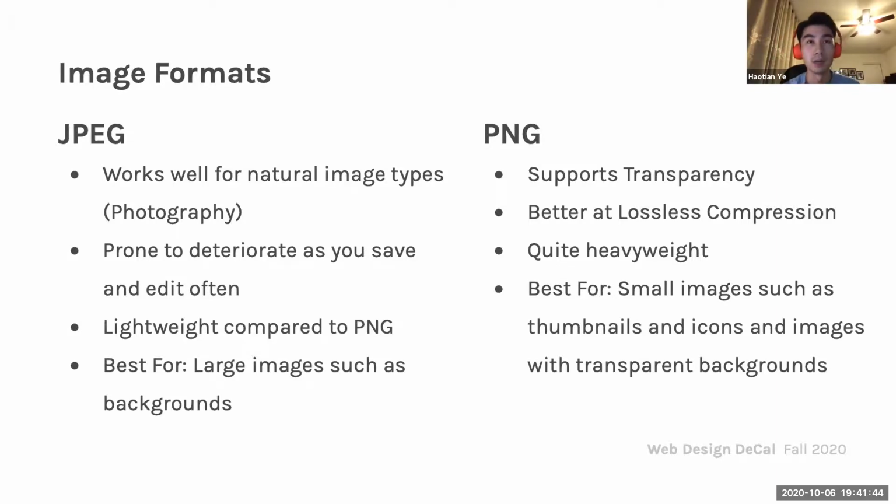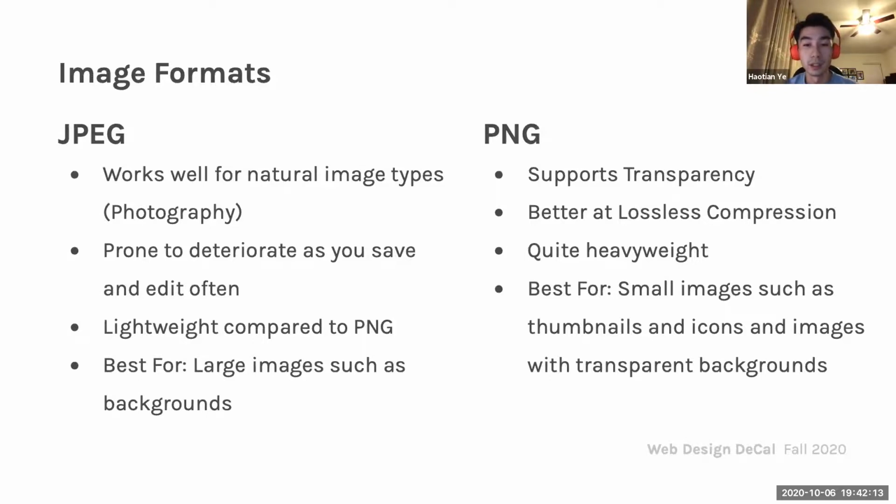I'll show you an example of what I mean by deteriorating in quality in the next slide or so. But they're also lightweight compared to PNG, meaning they take up less file size. They're generally best for large images such as backgrounds. And I'm sure if you set a background in Windows on your computer or laptop, they're probably JPEGs.